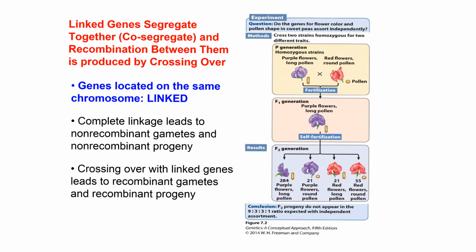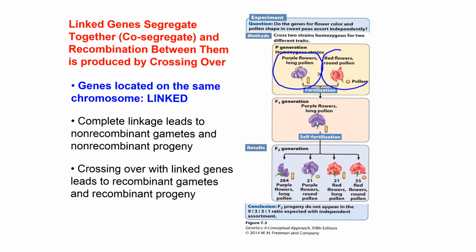Here is one of the first examples which were described, an example of linked genes, in which the authors crossed sweet peas, where purple flowers and long pollen are dominant over red flowers and round pollen.